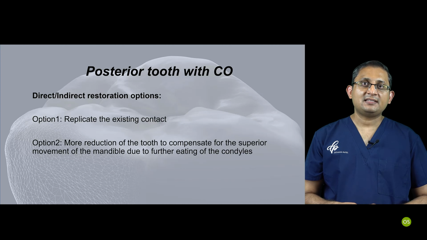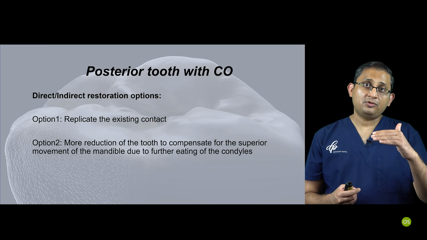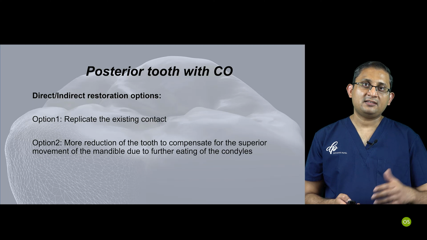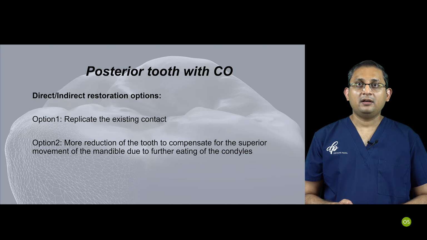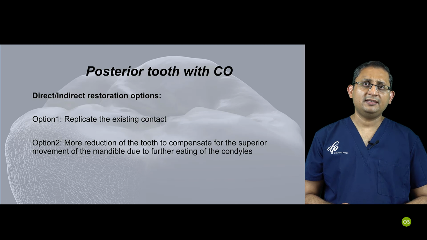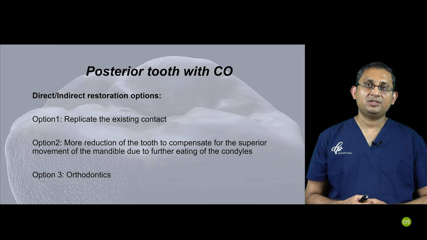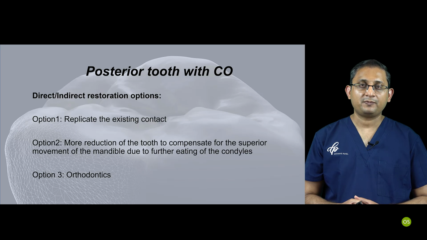Because of that, you will probably have to do a little bit more reduction. But if you have space, that's really the best and easiest way to deal with this. However, if you don't have enough space to reduce the tooth more, then the option you have is orthodontic treatment, or try to replicate the contact again, which, as I said, is tricky.